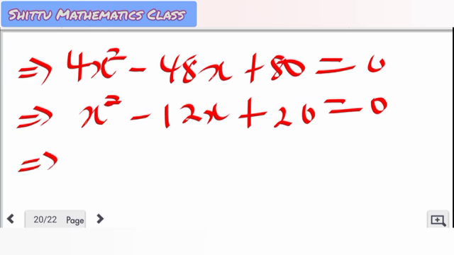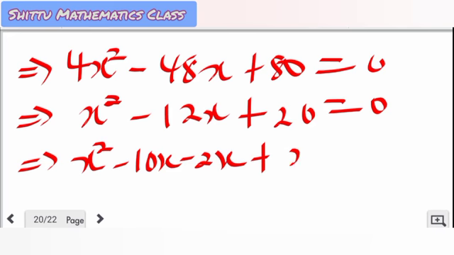So we try to use factorization methods to get the possible values of x. By doing that, we can consider x squared minus 10x minus 2x plus 20, because minus 10x minus 2x gives us minus 12x, and minus 10x times minus 2x gives us plus 20.